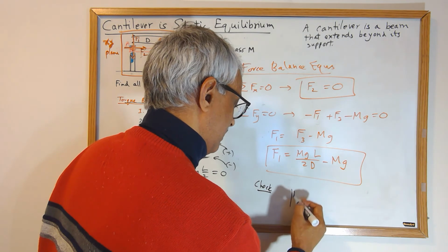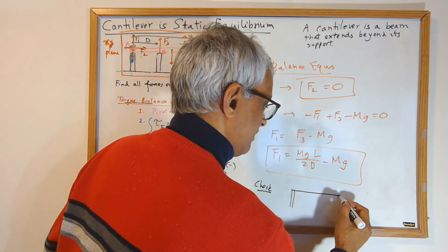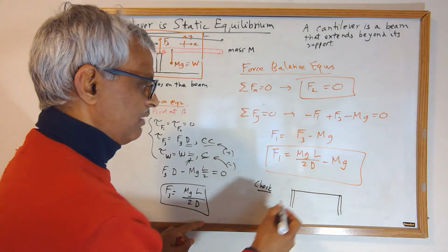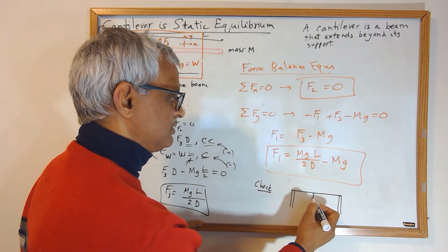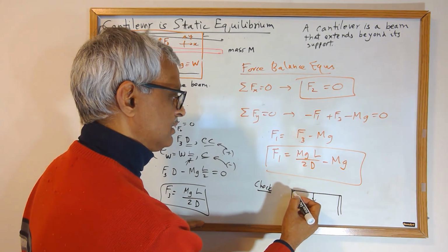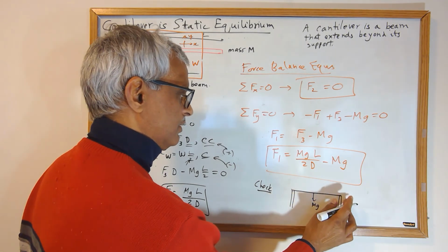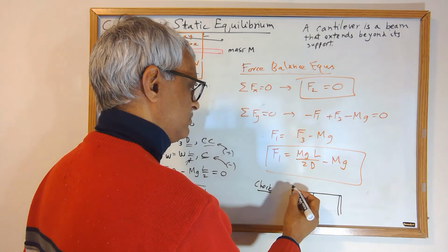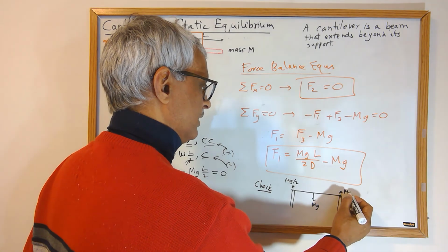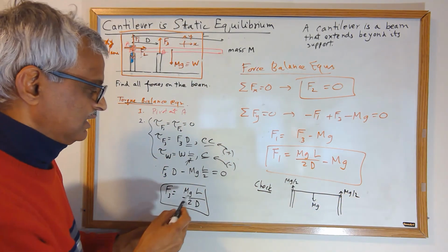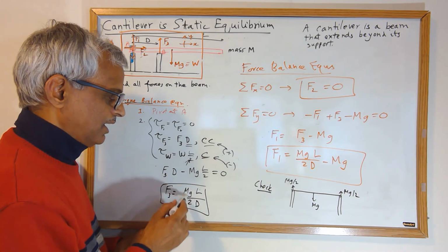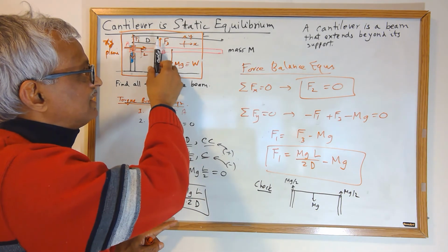I have one support here and another support all the way here. Then F1 should be, if this is mg, then it should be mg over 2 this way and mg over 2 this way, right? So you can see when d equals L, it will cancel out. Mg over 2 up, that's correct.